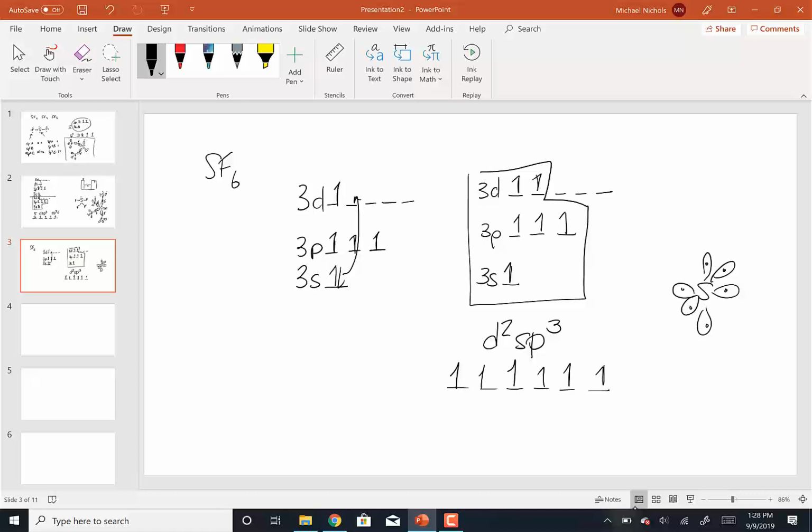So SF6 is going to have an octahedral geometry. And then I put my fluorines in.